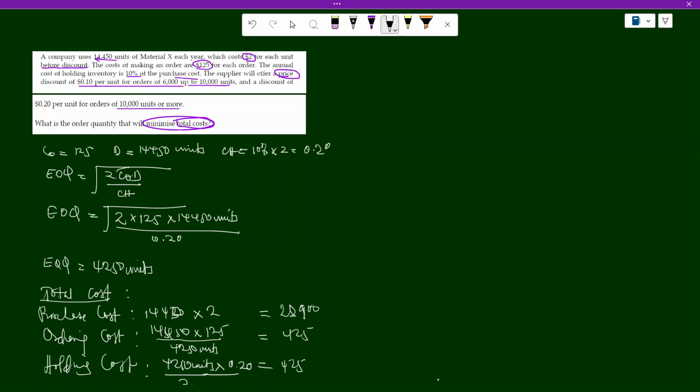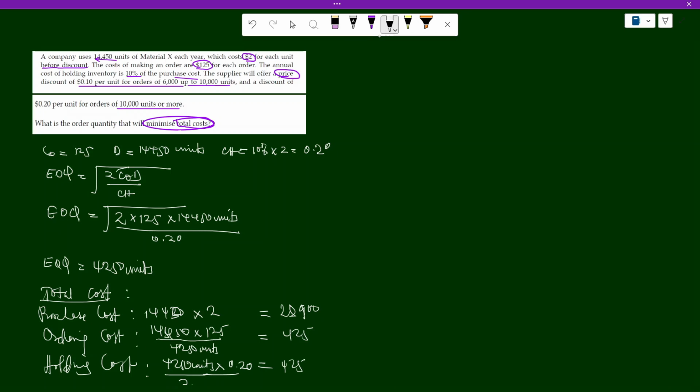So let's set up a table. Here we are going to get the economic order quantity. We are setting up a table because we also want to look at the discount.